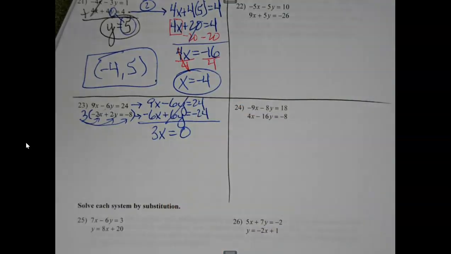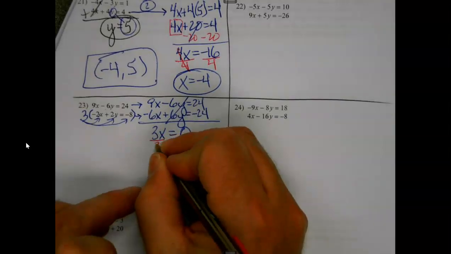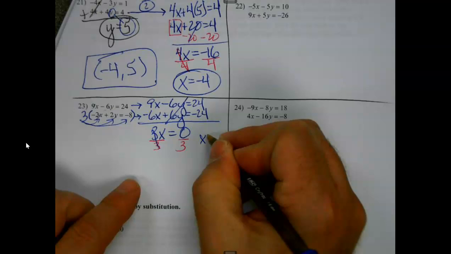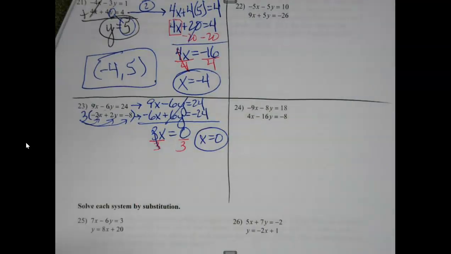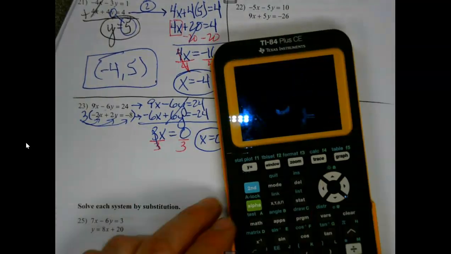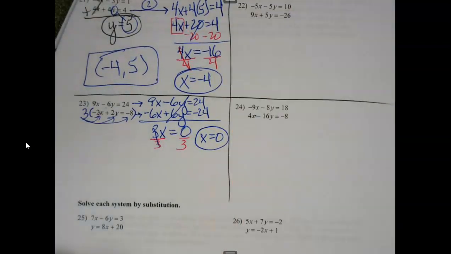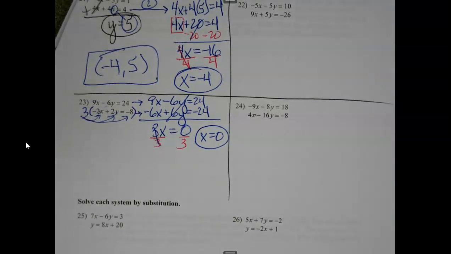This does not mean no solution. When I get x alone by dividing it by 3, 100%, 0 divided by 3 is 0. I can even prove it here. It's not undefined. So getting 0 for an answer is a legit possibility.